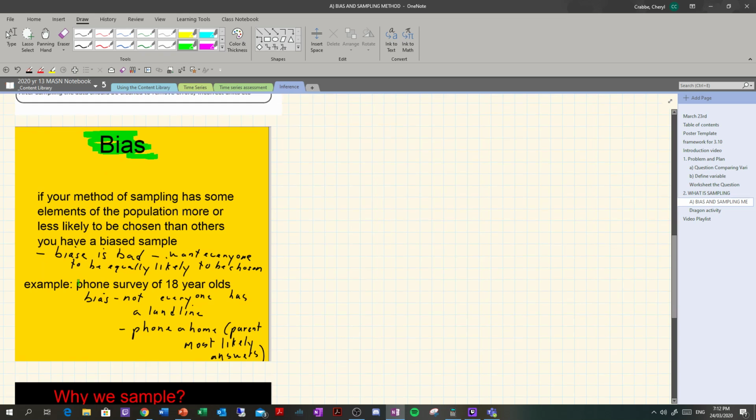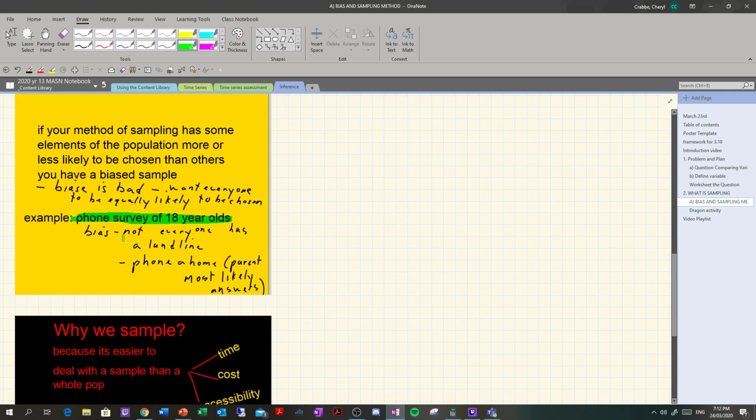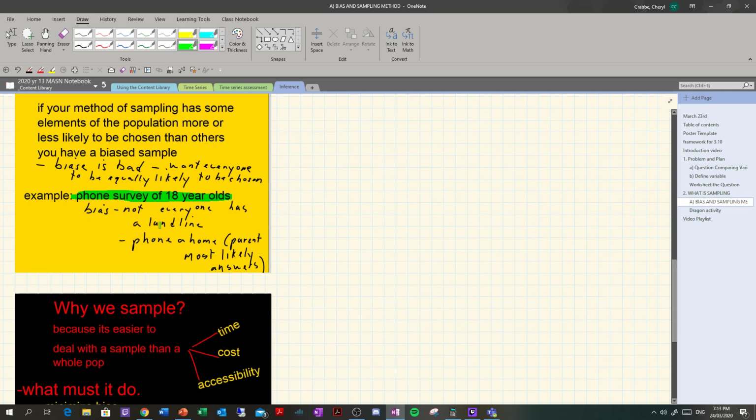So again, we've talked about this before, but if you do a phone survey of 18-year-olds, you have developed bias in your sampling technique because not everyone has a landline, and so not everyone's going to be phoned in that survey. A parent is most likely to answer the phone, and so you might not actually even get an 18-year-old to answer the phone in that particular circumstance.